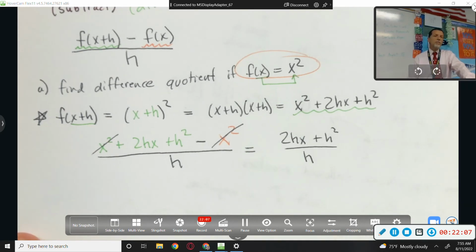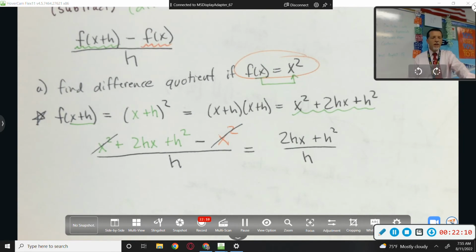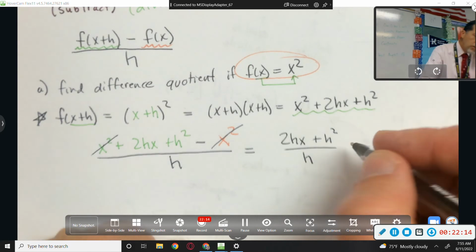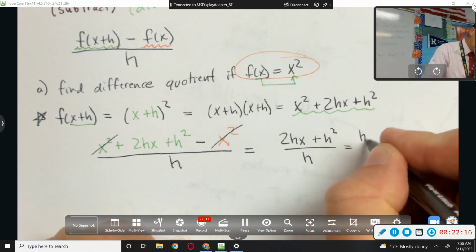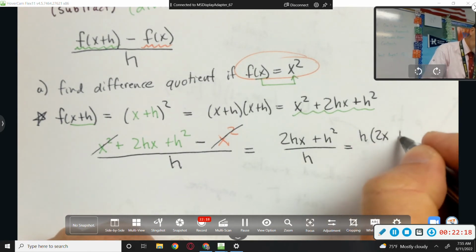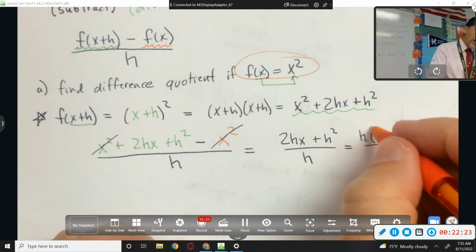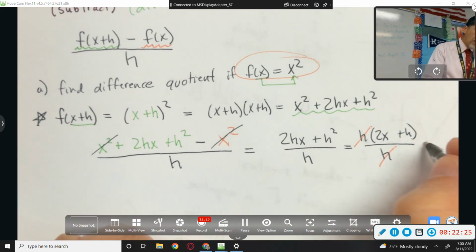So some of you will get the correct answer from there. Others of you will want to show the work more, so factor out an h. It's certainly easier to see what cancels if you factor it out, but you don't have to show that step.